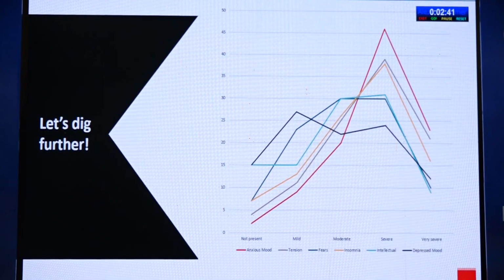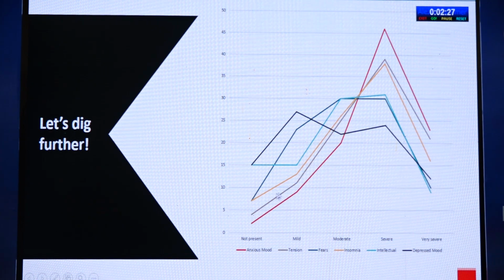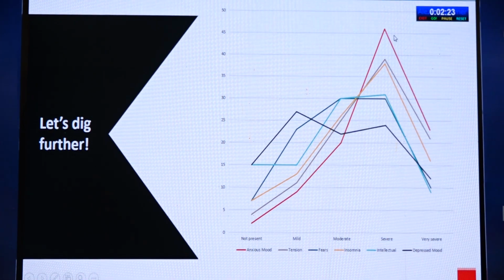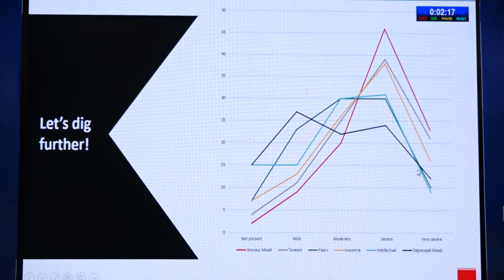Digging further into this, we also compared every symptom pertaining to each category. For example, this red line belongs to anxious mood. It is present in around 9% of mild anxiety patients, in 20% of moderate anxiety, in 46% of severe anxiety, and 23% of very severe anxiety.